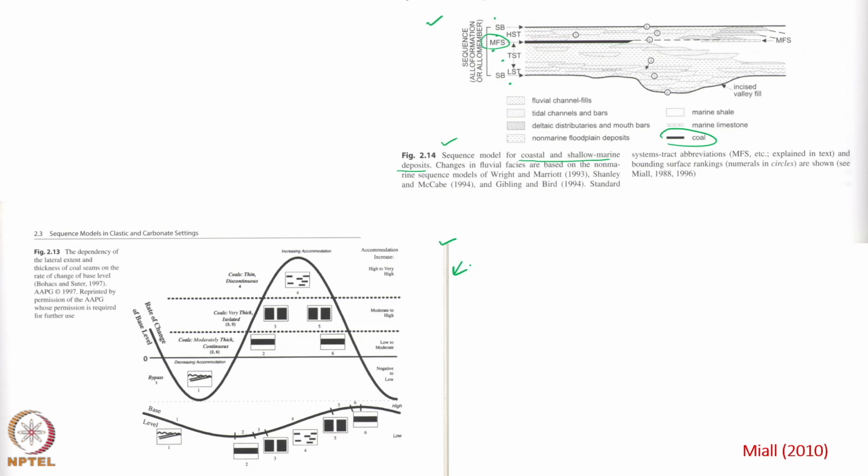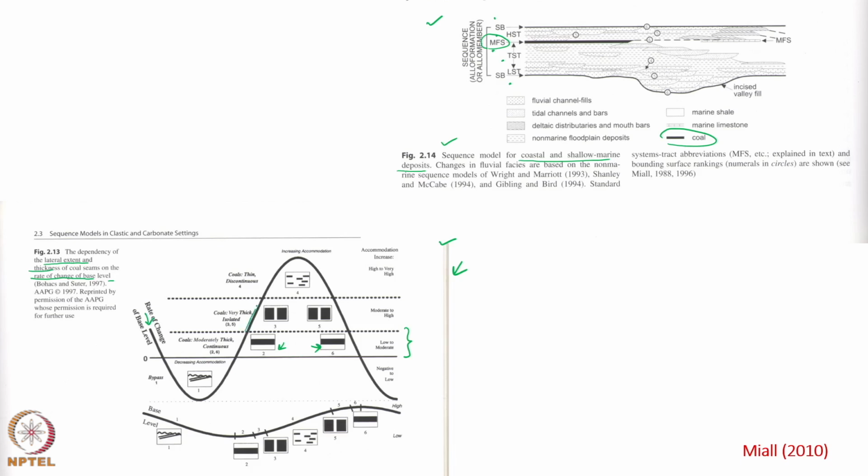This diagram presents in what way the lateral extent and thickness of coal seams depend on the rate of change of the base level or the rate of sea level change. For example, if we follow this curve showing the rate of change of the base level, then within this domain we get moderately thick and continuous coal deposit shown by these two figures.